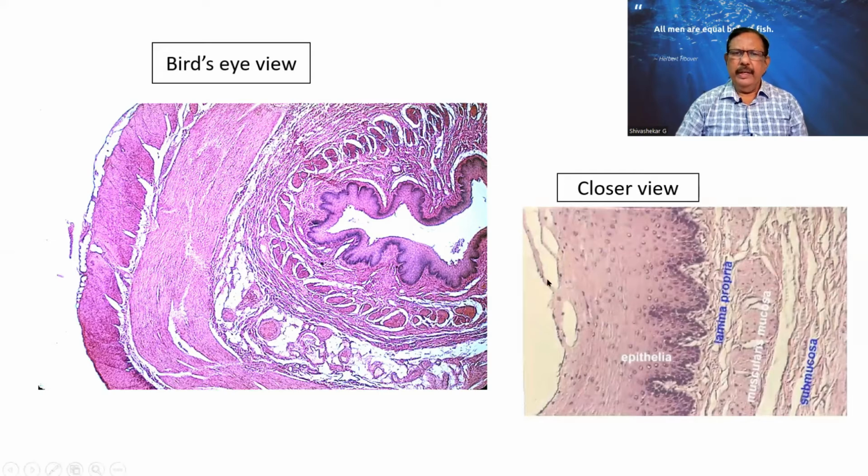Whereas here, it is a higher magnification, wherein I am able to see the stratified squamous epithelium very clearly. And what are these dots? They are all the nuclei. The nuclei and the cytoplasm is somewhat a mixture of eosinophilic and basophilic.